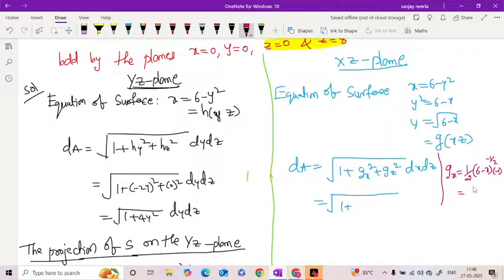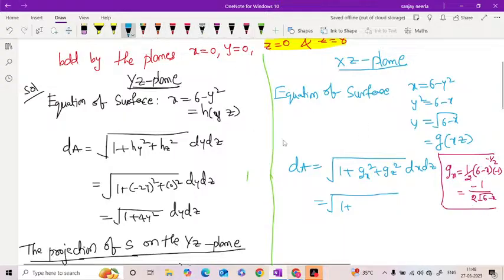So here we get minus 1 by 2 into root 6 minus x. But we want the g square. So now g x whole square means 1 by 4 into (6 minus x), plus g z is 0 because it is without z. Now after simplification, okay, so this is our dA.